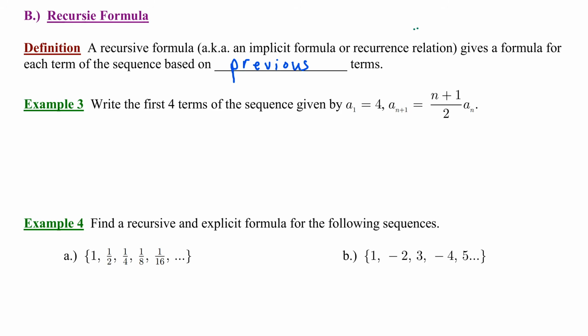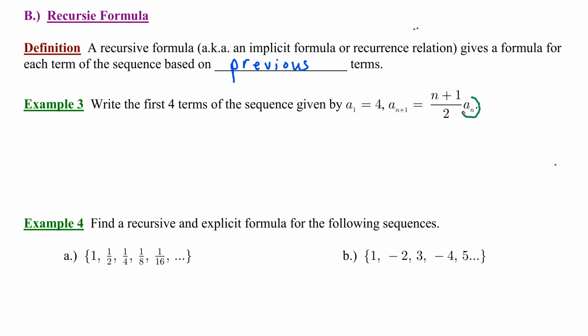A recursive formula, also known as a recurrence relation or implicit formula, is going to define the terms of the sequence based on previous terms. For example, write the first 4 terms of the sequence given by a sub 1 equals 4 and a sub n plus 1 equals n plus 1 over 2 times a sub n.